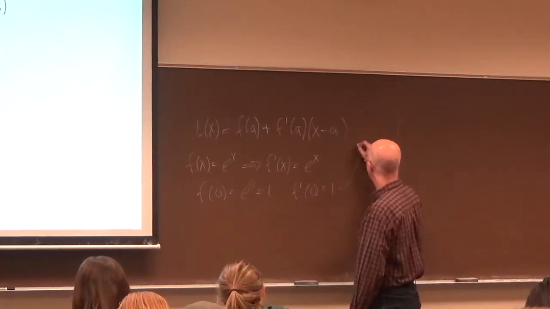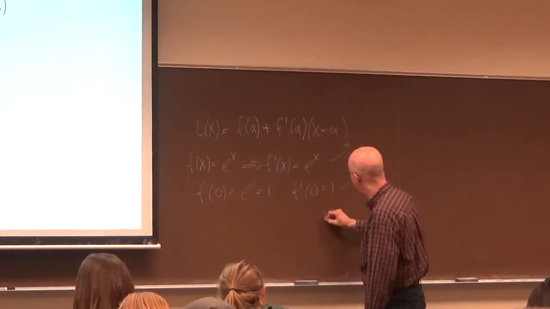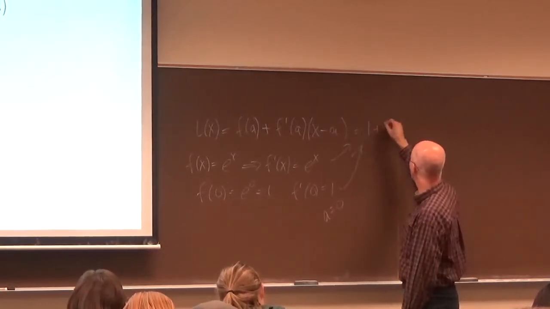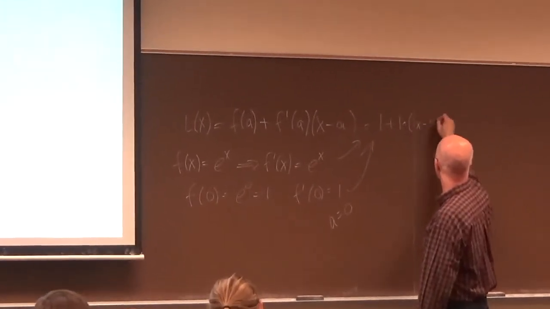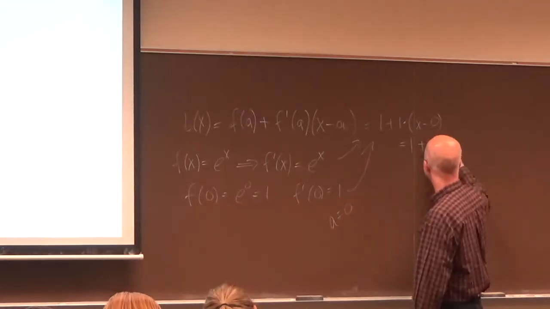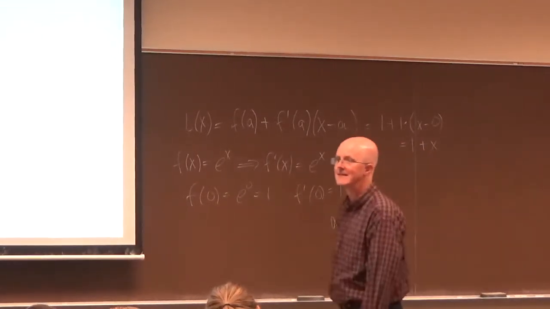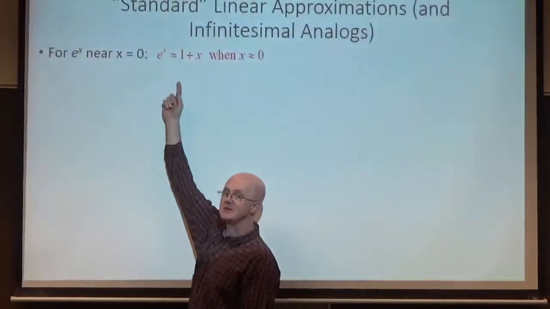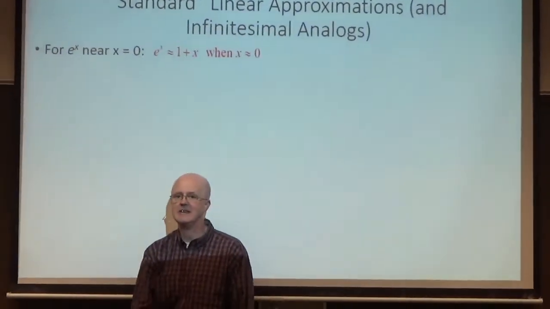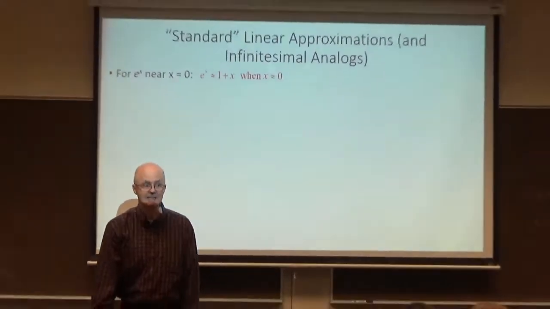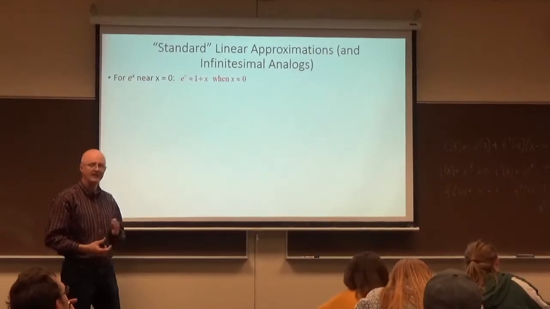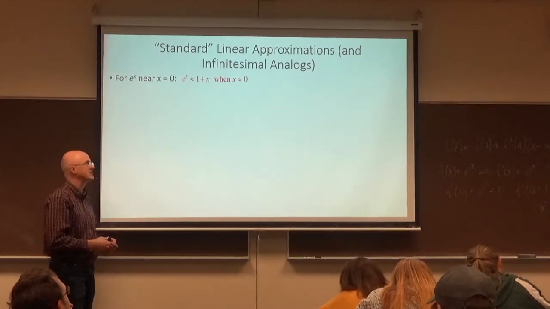And therefore, when you plug these things in here, again using a equaling 0, this becomes 1 plus 1 times x minus 0. In other words, 1 plus x, which is what you see on the screen here. So there's your tangent line approximation to e to the x near x equals 0. In other words, using a equals 0 as the point at which you find the equation of the tangent line.